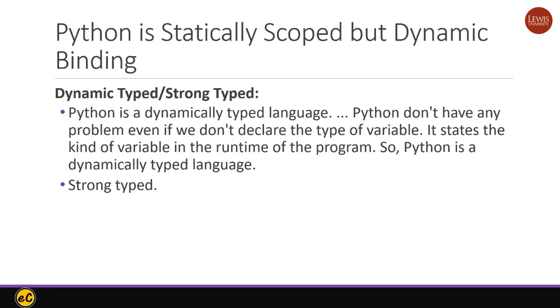But the variable's scope depends on where the variable has been declared. That's called static scope. This is just one sentence right now but very hard to understand. We will see some examples later if we have time.